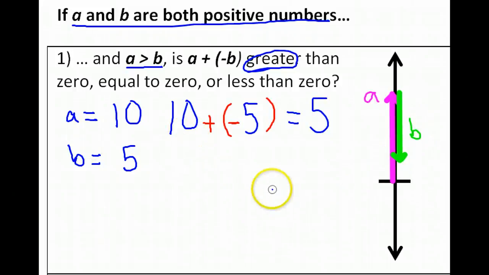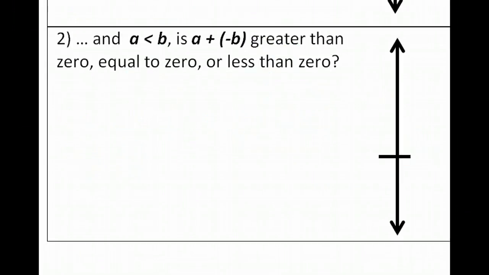No matter what that number is, my answer will be above 0. So I'm saying that if I have a number A that's greater than B, when I add A and negative B, my answer will be greater than 0, always. That's the generalization, the abstract generalization from the variable. Now you can do this with all of these problems.